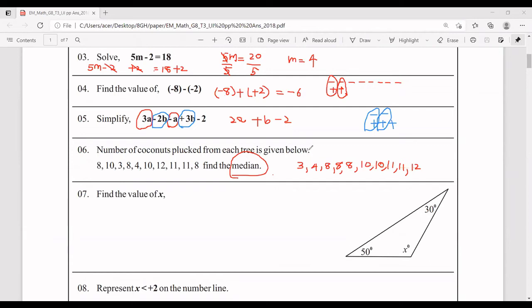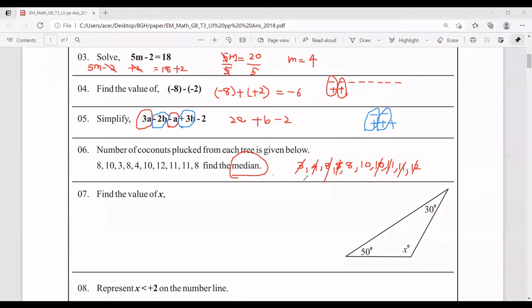Select the middle value. I will cut numbers from both left and right, or otherwise underline. I will remove this 3 and this 12, this one, this one. Now I have removed 4 numbers from both sides.